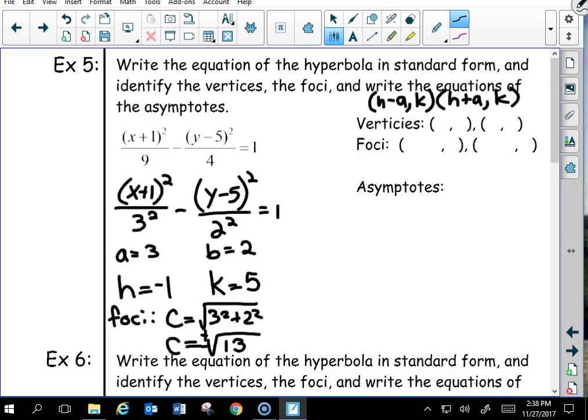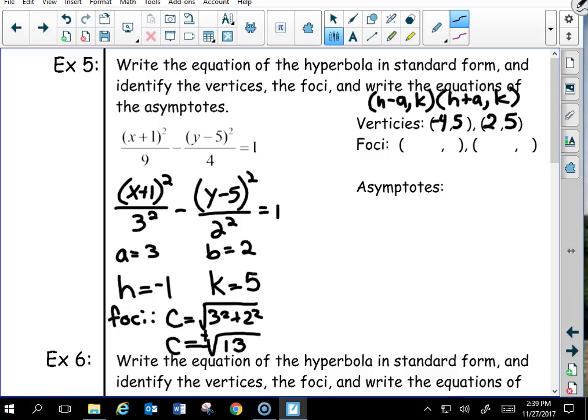So this takes the a and transforms it left, right, and also up, down. h is -1, a is 3, so -1 minus 3 is -4, and k is +5. And h plus a, -1 plus 3 gives (2, 5).